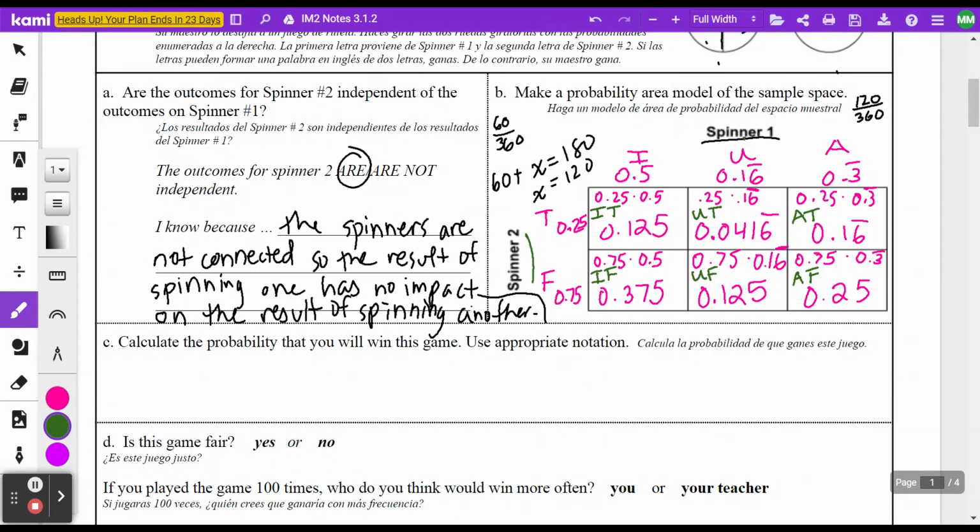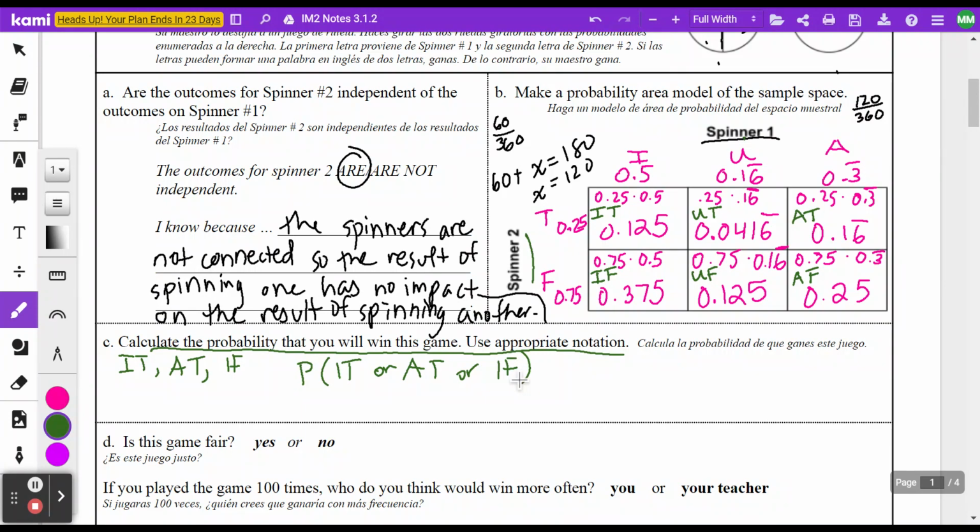So we need to calculate in part C the probability that we win this game. There are a few ways to win. I could win if I roll IT or AT or IF, and I think that's it because UT, UF, and AF, none of those are words. So to calculate the probability that I win this game, I will calculate the probability that I spin IT or AT or IF.